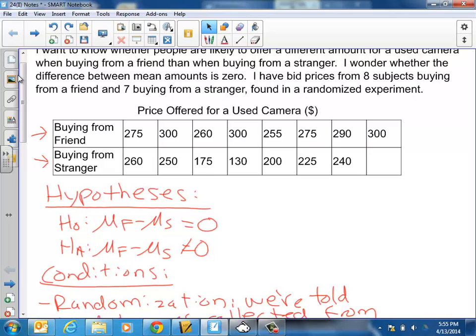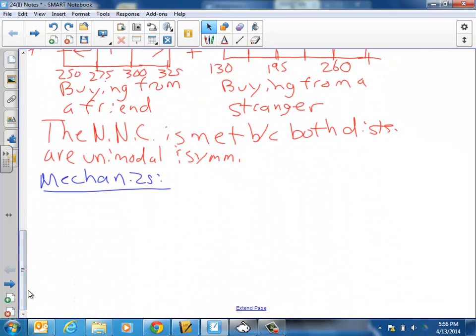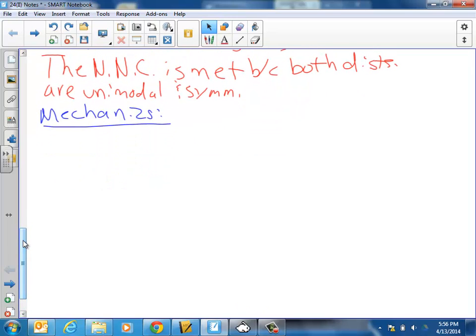Remember, the t-distribution shows us how all these differences between samples from hypothetical randomized experiments that aren't being run would look compared to each other. But because conditions are met, we can talk about these hypothetical results as being organized in a t-distribution.